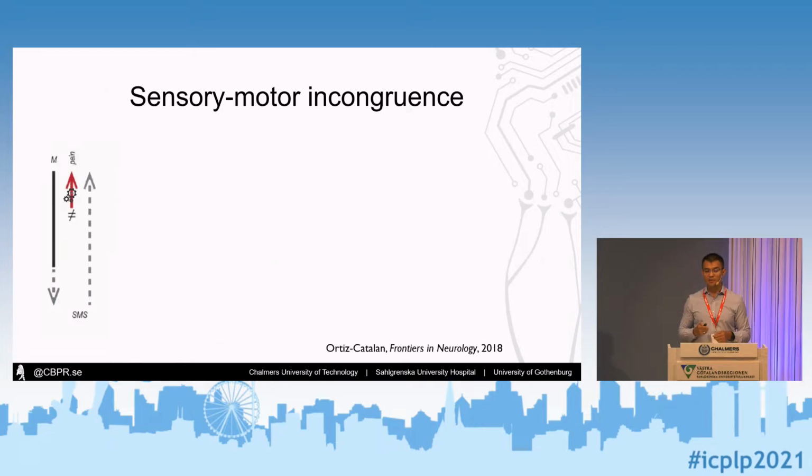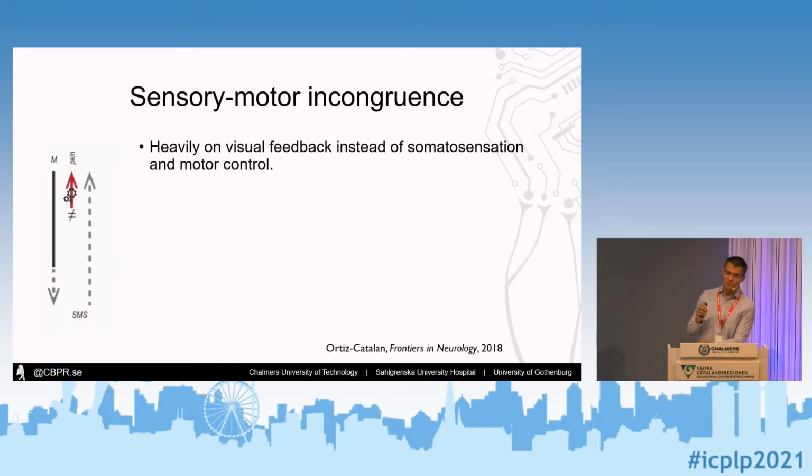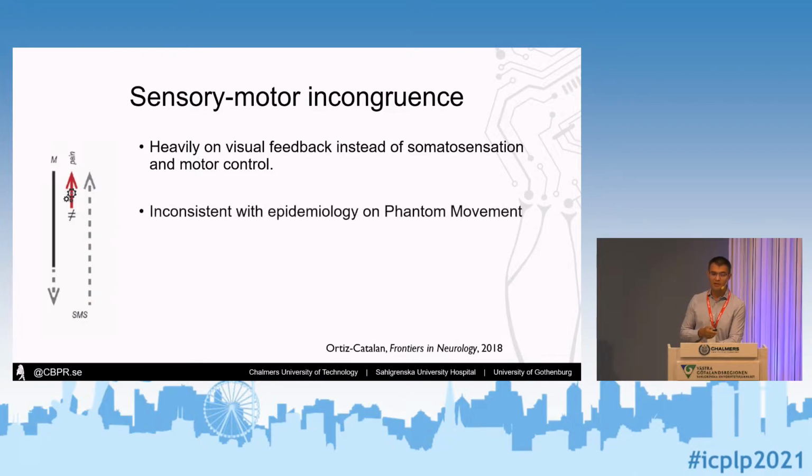I'm not going to address all of them, just mention the important ones. Sensory-motor incongruence is the hypothesis cited in most treatments for phantom limb pain, relying heavily on vision, despite the fact that the system that's clearly more effective is somatosensation, so tactile sense and proprioception.